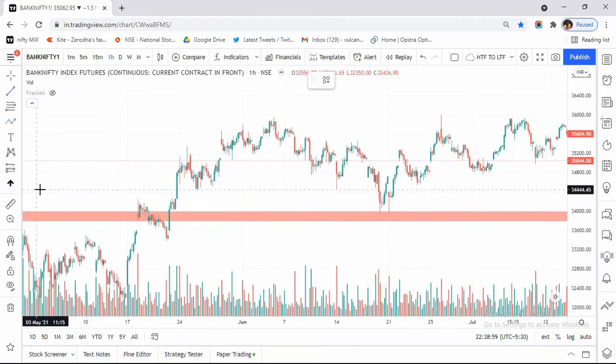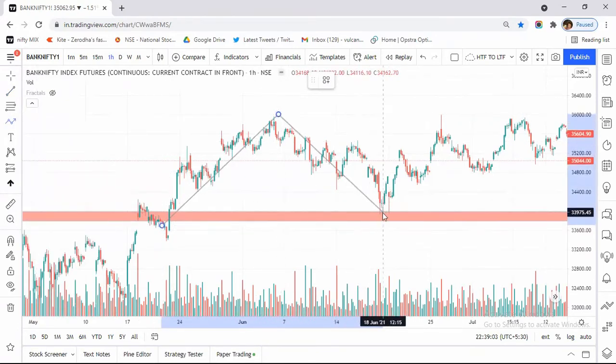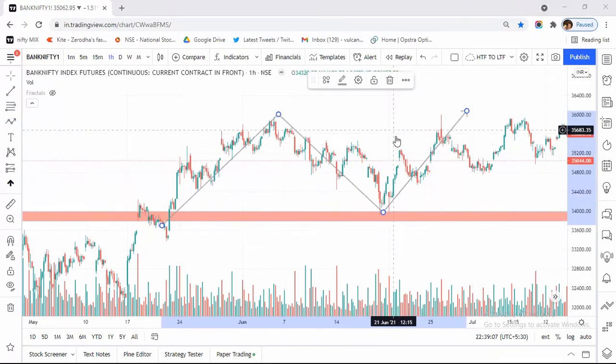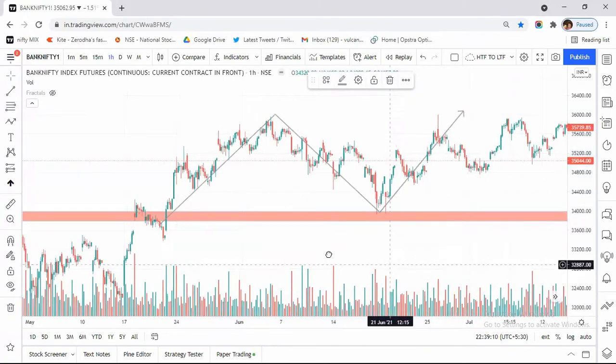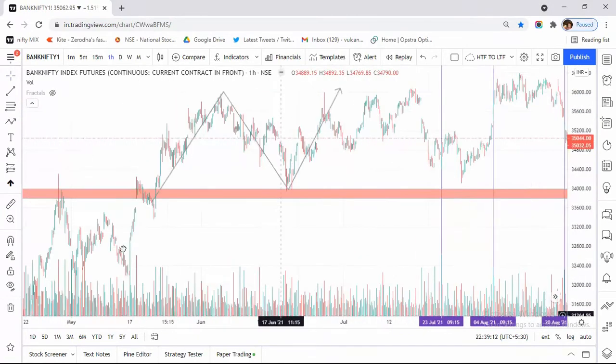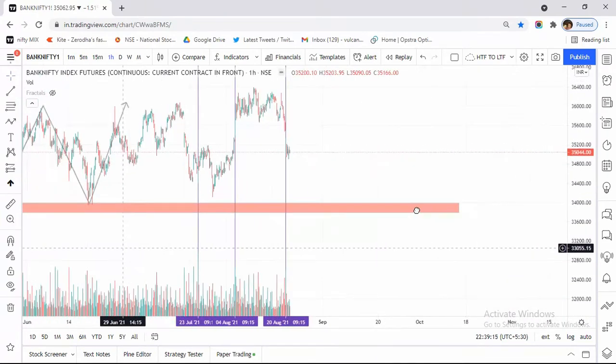And this will not fail most of the time. Either price will surround at that level, a change in polarity. See how price has not come to that level till now.